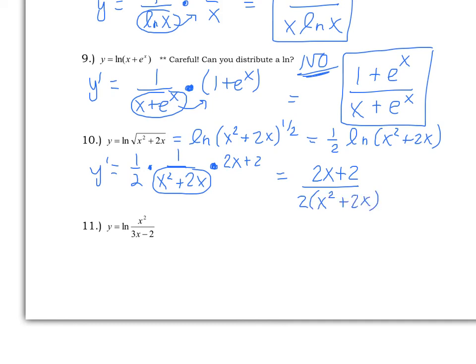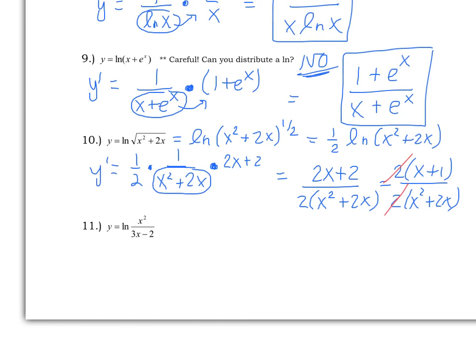If you want, you could factor out a 2, and you're left with x plus 1 all over 2 times x squared plus 2x, and then you could divide out these 2's. If it's multiple choice, perhaps you see this as your final answer.